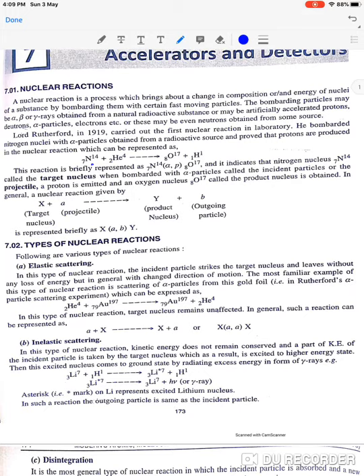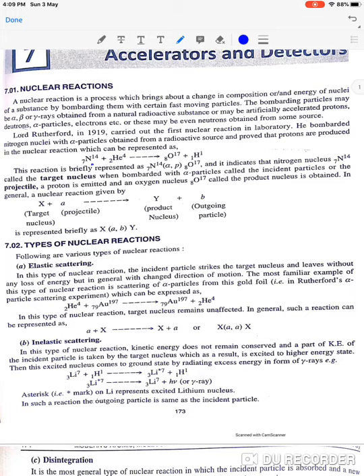They came close together, or in whatever significant way this nuclear reaction can happen. We have many ways to have a nuclear reaction. The next thing is the types of nuclear reaction, under which type this reaction or another reaction comes. We are going to discuss that.